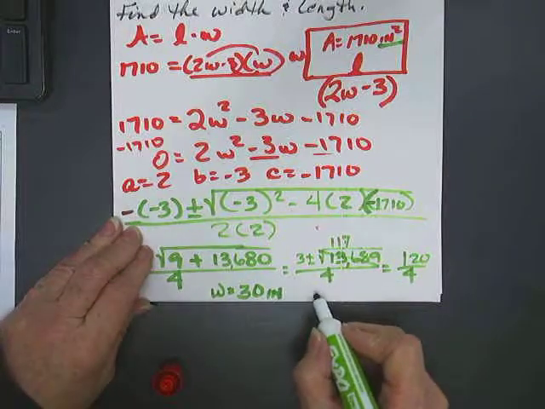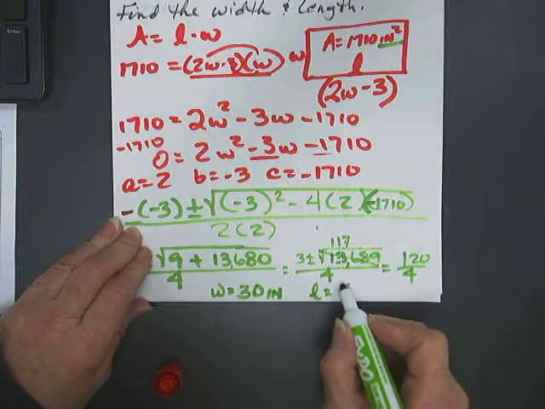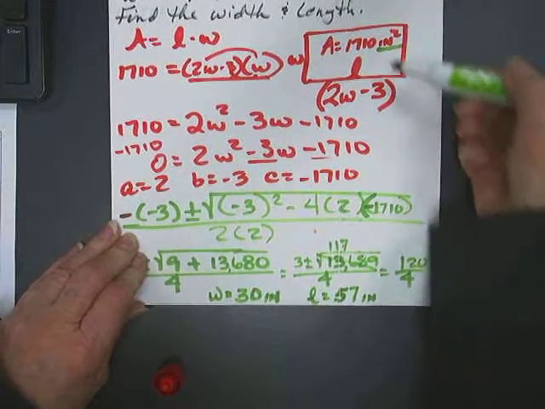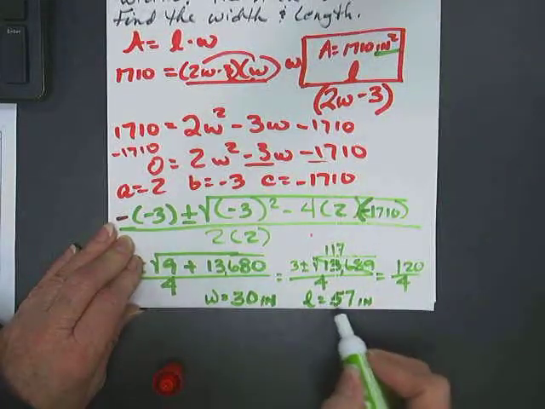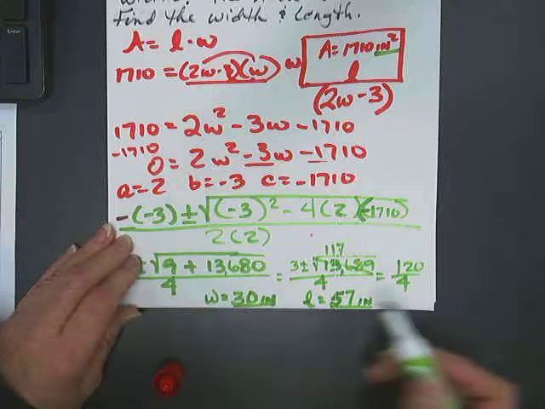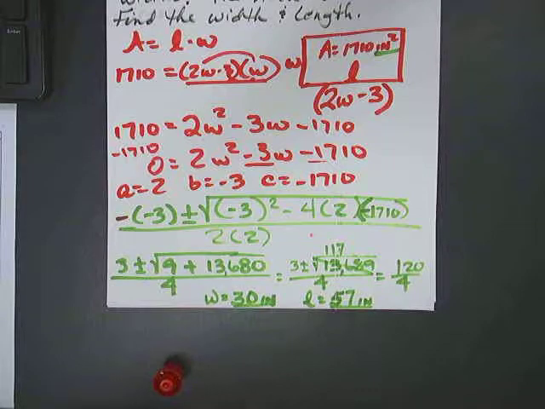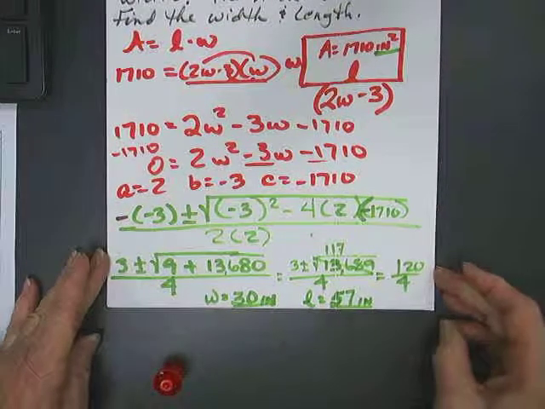If you do 2 times this and then subtract 3, you'll have the length. 2 times 30 is 60 minus 3, 57. Multiply those and make sure you get the right square inches.